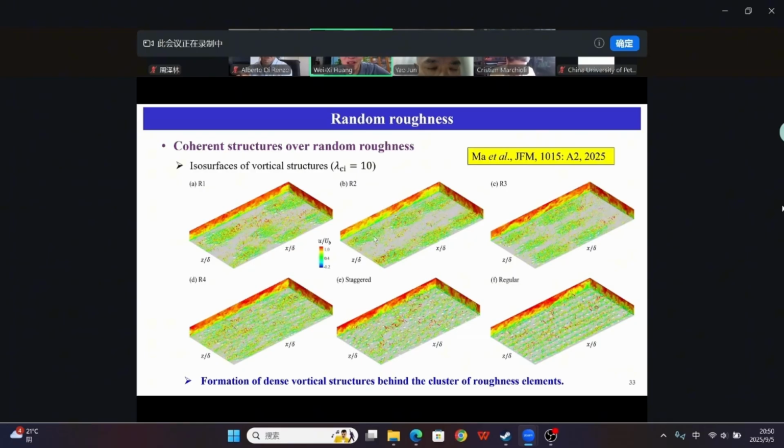For example, here is the rough region, here is a smooth region, and here is also a rough region. So in this case, it will also cause the span-wise secondary flow. This is observed in many previous studies.